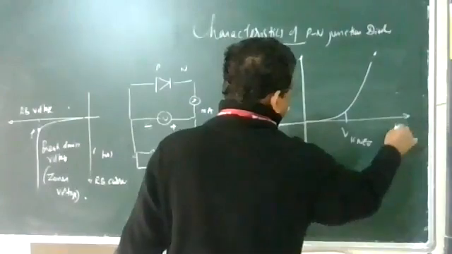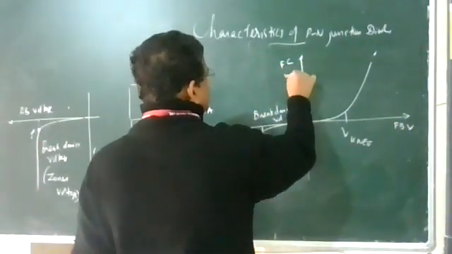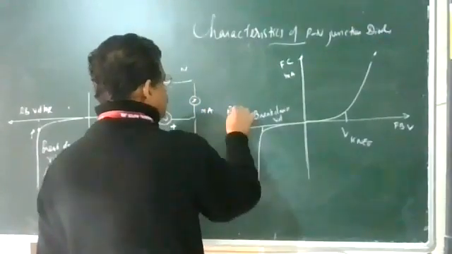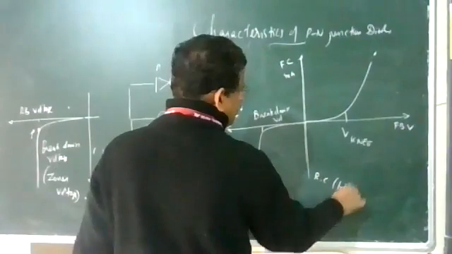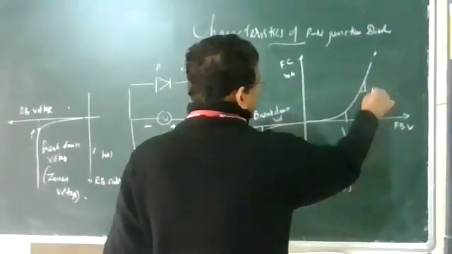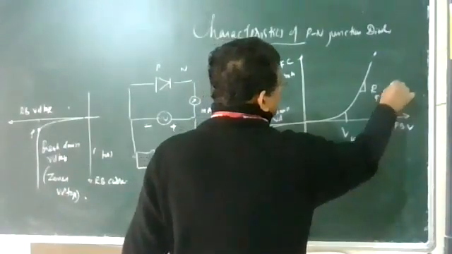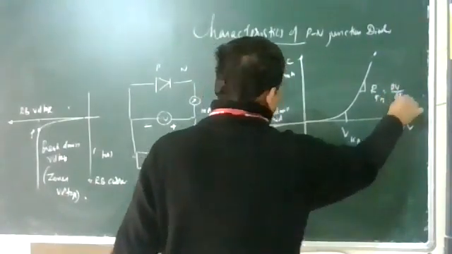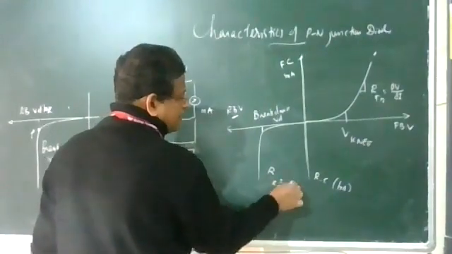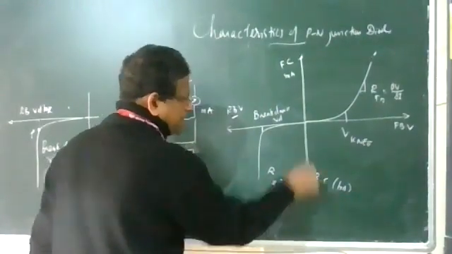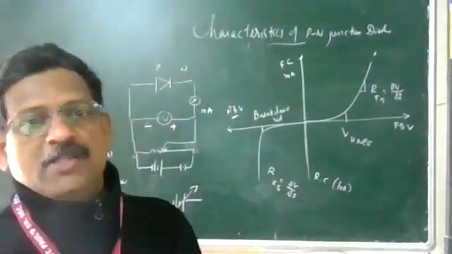This is forward bias voltage, forward current in milliampere. This is RB voltage, and this is reverse current in microampere. Here the resistance is R forward, very less, delta V divided by delta I. Here the resistance in reverse bias is very high, delta V divided by delta I, very high. So this is the graph and the way to calculate this.